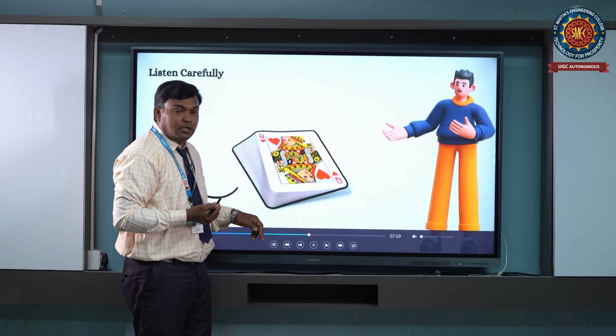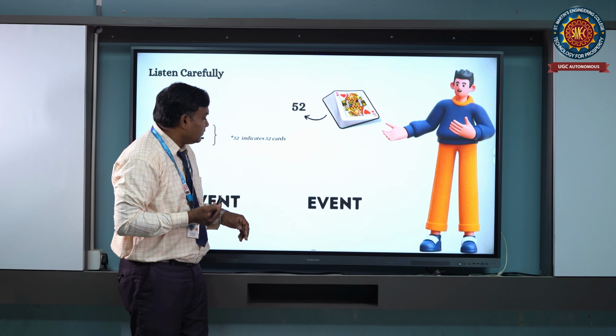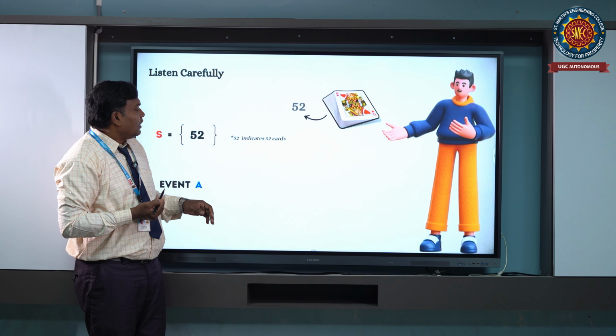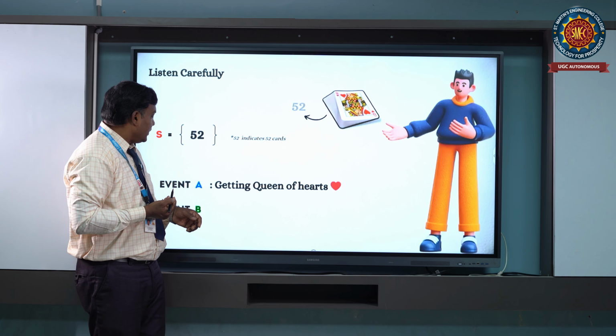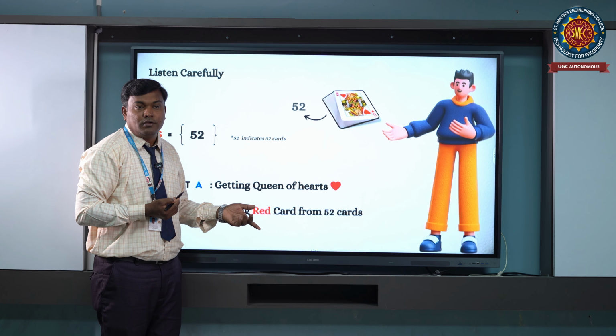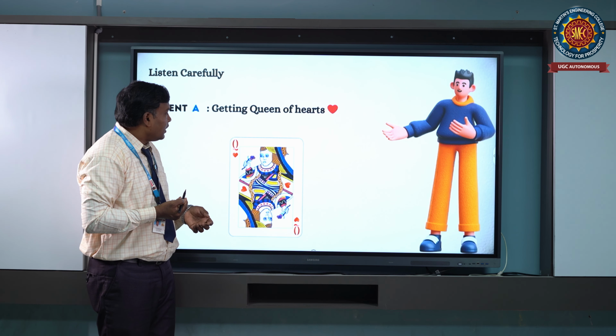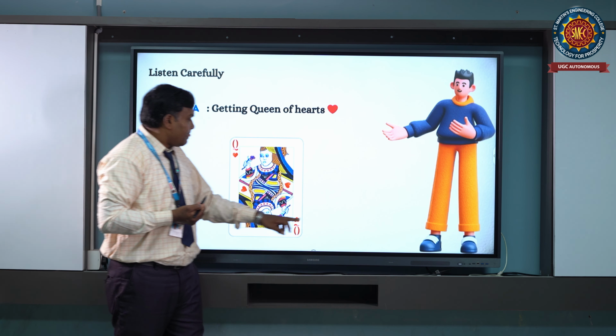With playing cards as an example, we can understand the probability clearly, including independent events and dependent events. Getting a queen card, a diamond shape, a leaf shape, a heart shape are entirely independent events.